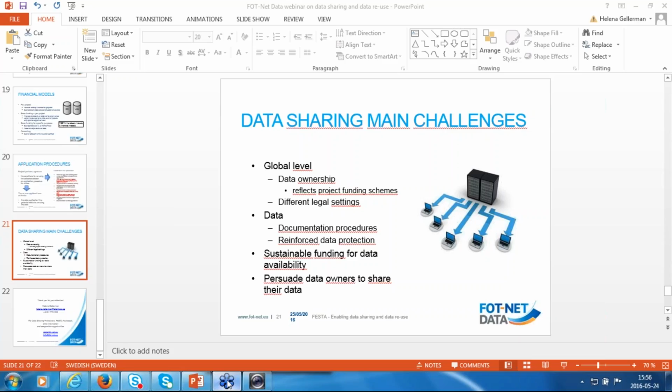Looking at the European context, it's usually a division of the cost for the project, and the ownership goes with the partners in the project and the consortium agreement, how you decide to divide the ownership. And that gives a much more scattered ownership picture. And therefore, it's more important to decide who owns the data and how we should provide it.